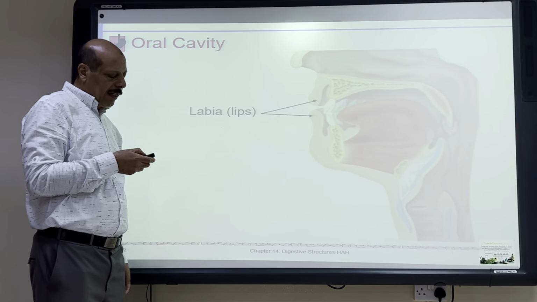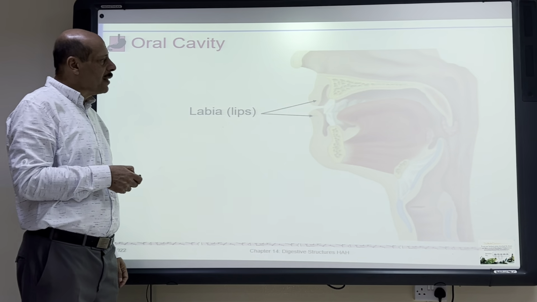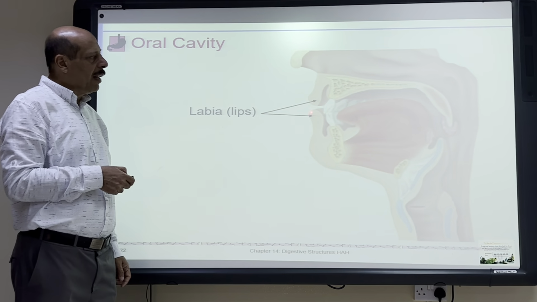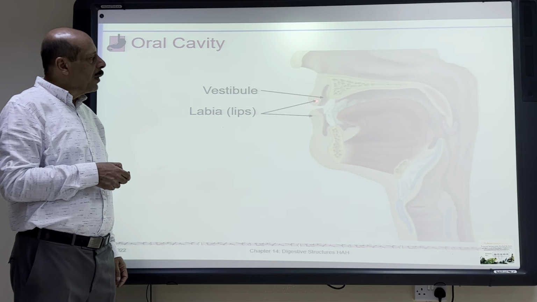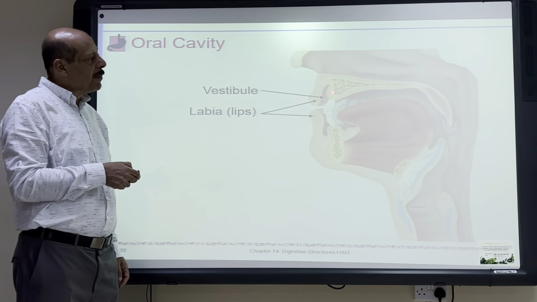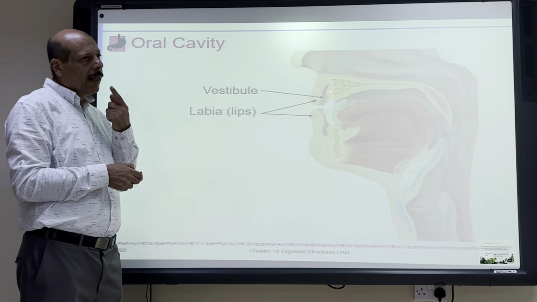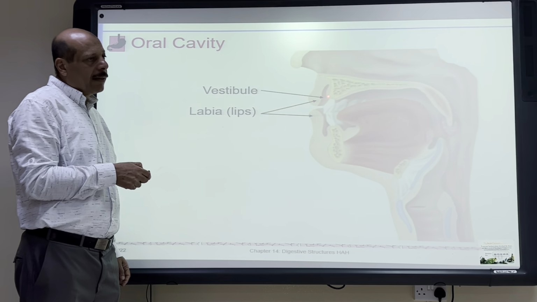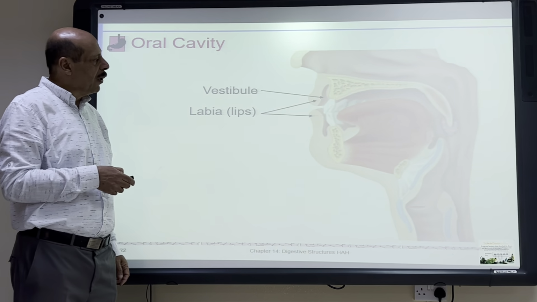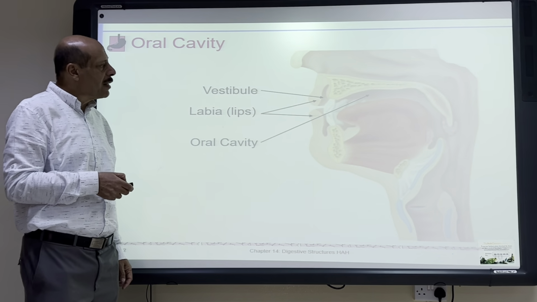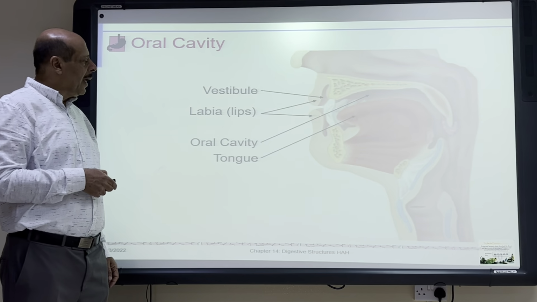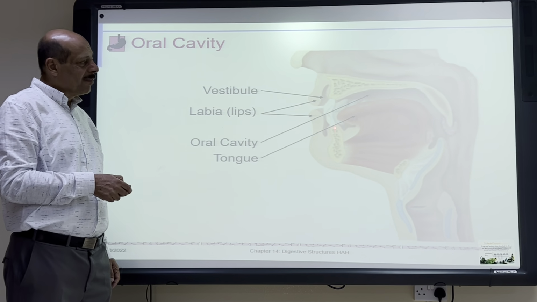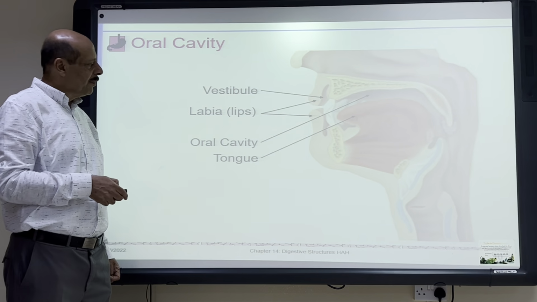And here from outside in the mouth we have the lips, the upper and lower lips, and the vestibule, which is in between the lips and the teeth and the gum. We call it the vestibule. This is the oral cavity, and the tongue, which is a muscular organ.